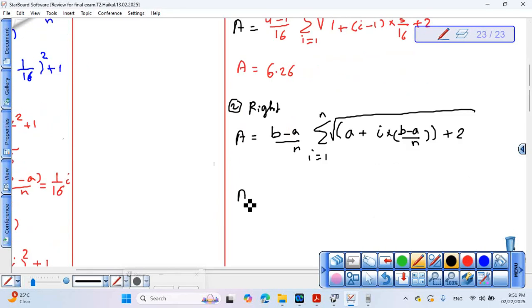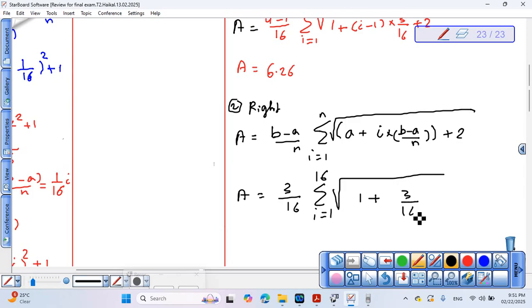This is equals 3 over 16, because this is 4 minus 1, 3 over 16, summation from 1 to 16, radical of 1 plus 3 over 16 times i, plus 2. You can use calculator to find this.